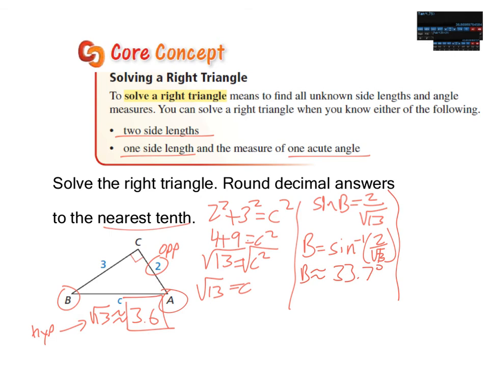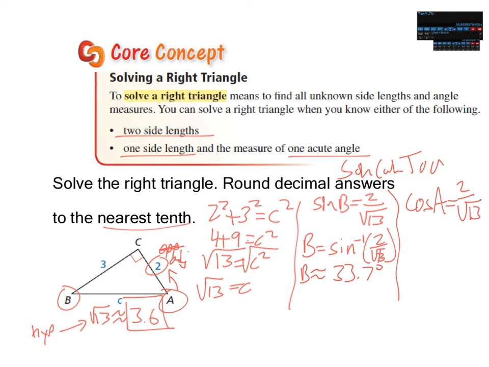Now, A has 2 as an adjacent, so it's now the adjacent to A. And 13 is the hypotenuse. Well, which ratio is adjacent over hypotenuse? SOHCAHTOA. All right? So it's cosine of A is adjacent over hypotenuse, 2 over the square root of 13.